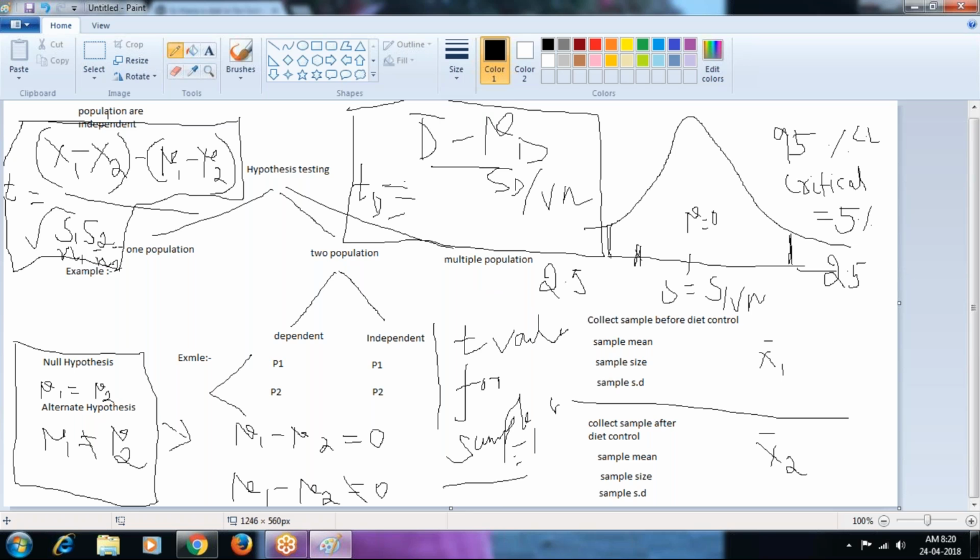We can talk about independent populations, but I just wanted to know if you are comfortable with the paired test. I can give some examples. You can try them out now so that the concept will be very clear.